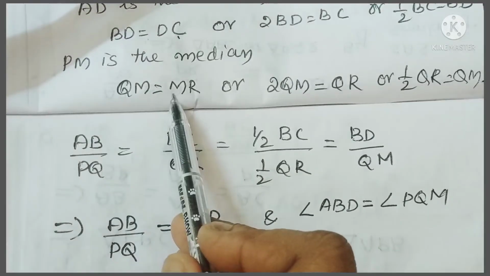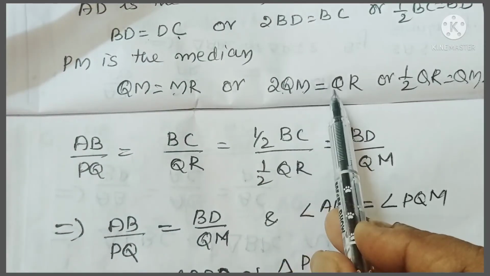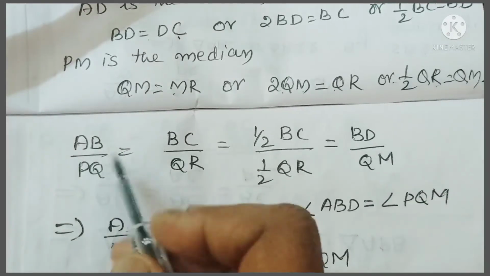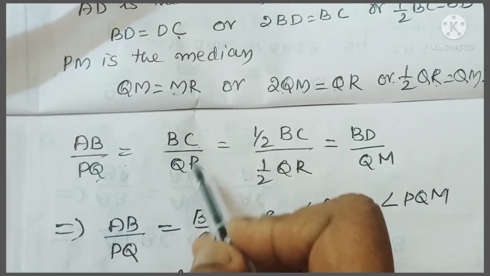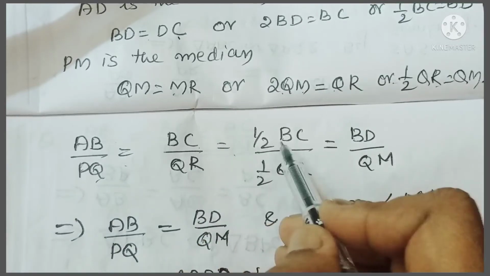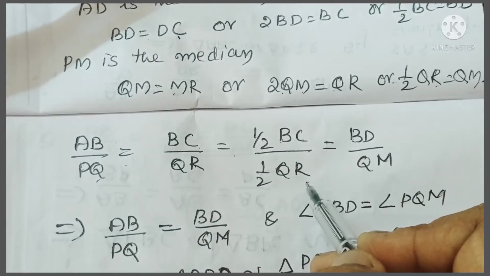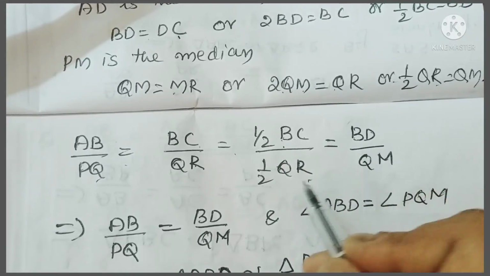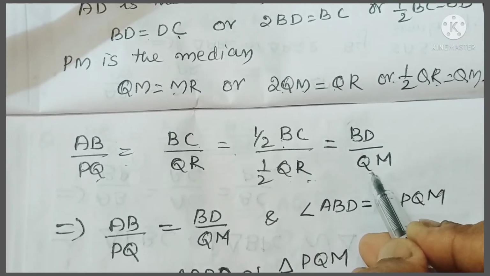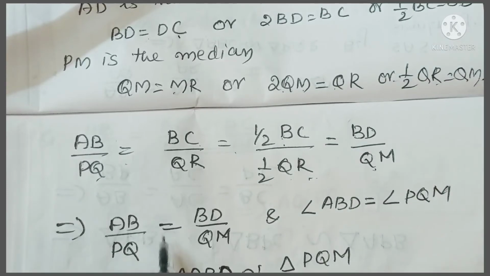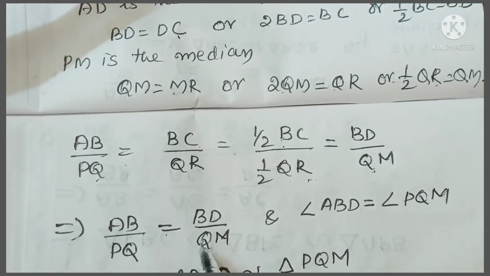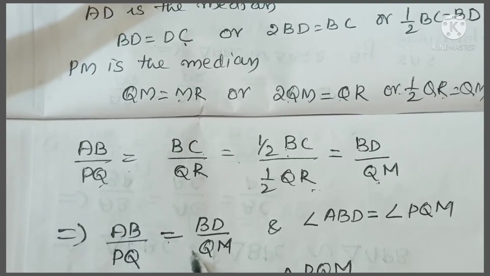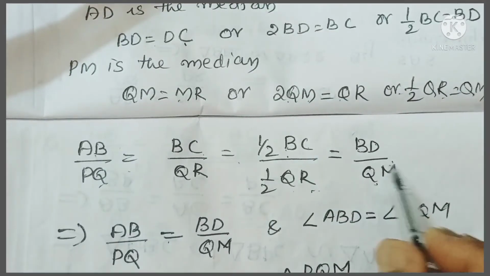QM equal to MR, that is 2 QM equal to QR, or half of QR equal to QM. And here AB by PQ equal to BC by QR equal to half of BC by half of QR. Half of BC is BD, and half of QR is QM. So AB by PQ equal to BD by QM.